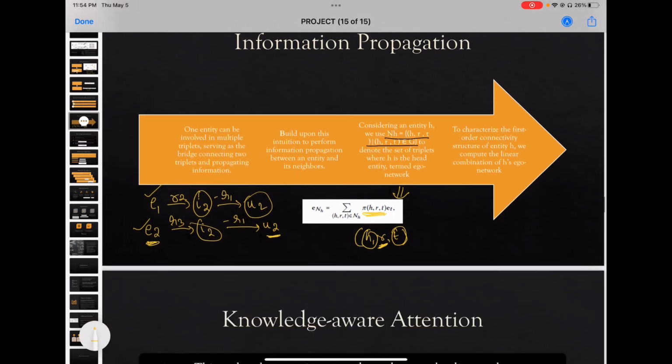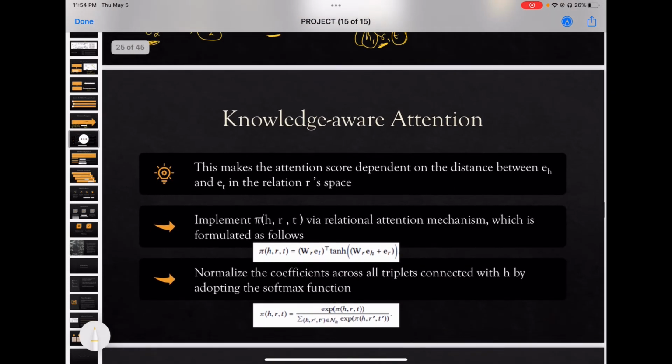The next thing we look at is knowledge-aware attention. Now, we implement pi(h, r, t), which we saw above, via a relational attention mechanism, which is given here, where we select tanh as the nonlinear activation function.